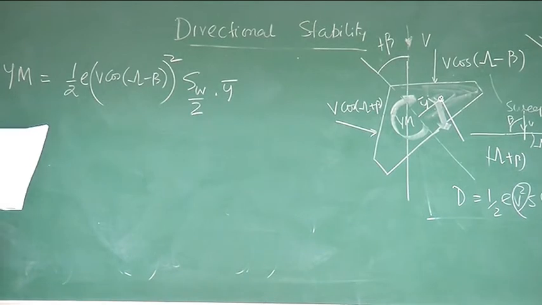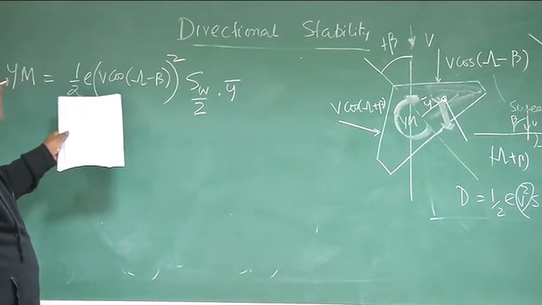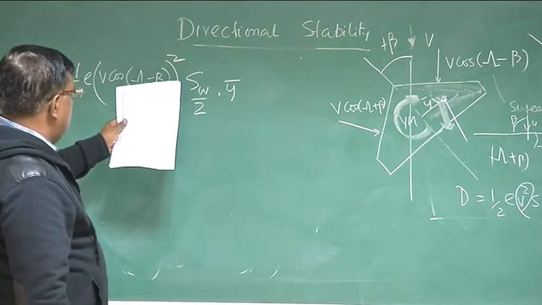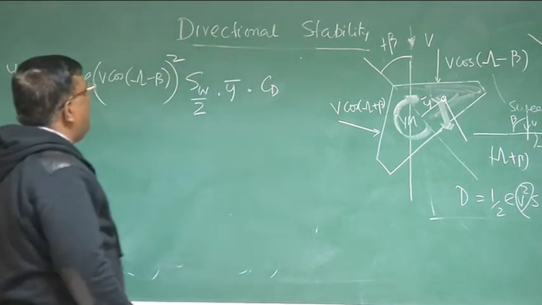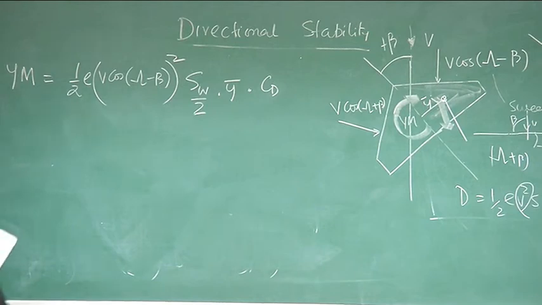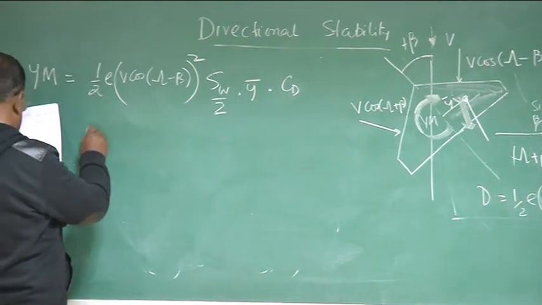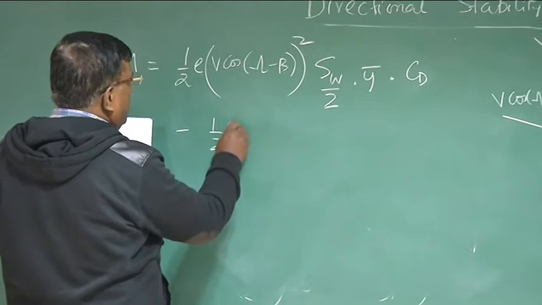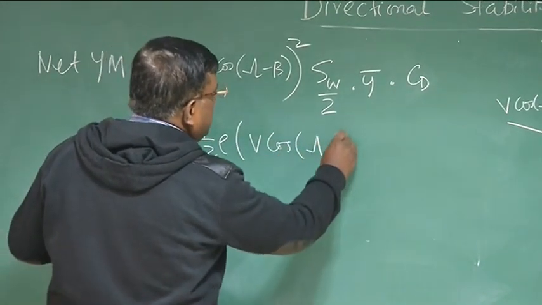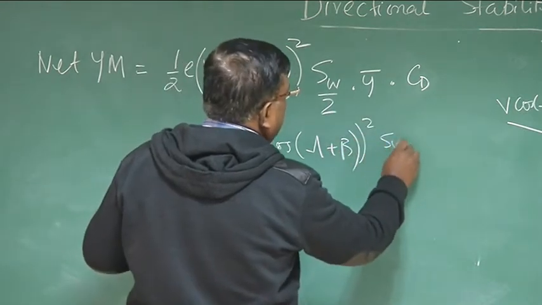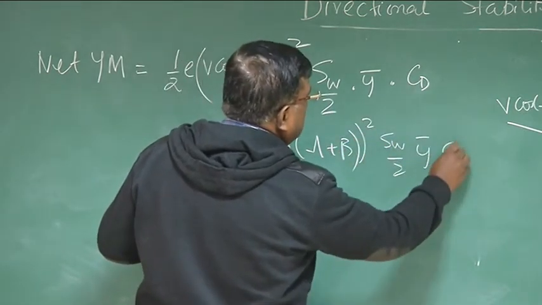So this is half rho V square S, and of course you have to multiply with CD of the wing. This is from the right wing, and from the left wing it will be minus half rho V cos(lambda plus beta) whole square, S_W by 2, y bar, CD.